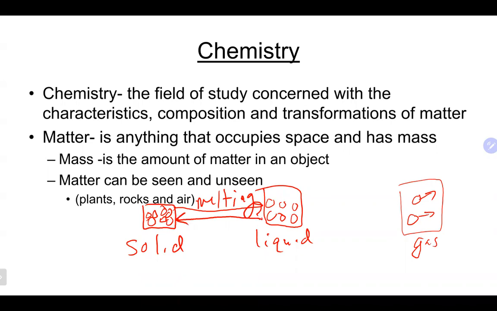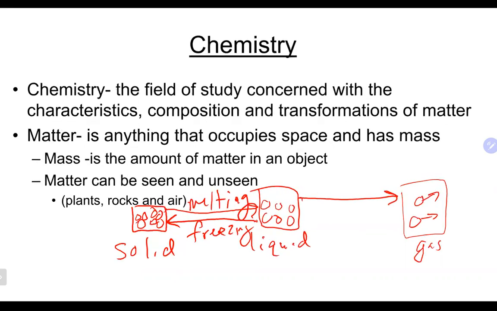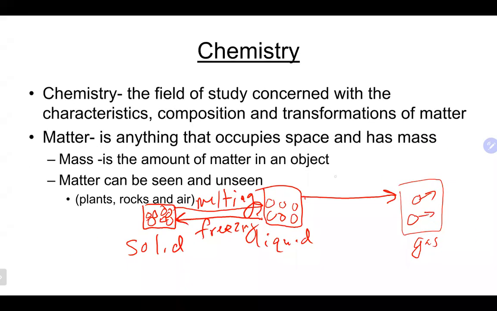That is the process of freezing. If we go from liquid to gas, that is the process of evaporation, or vaporization. And if we go from gas back to liquid, that is the process of condensation, right?